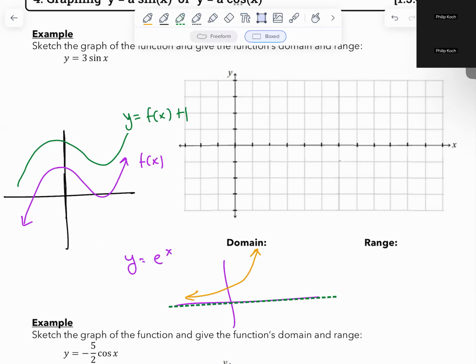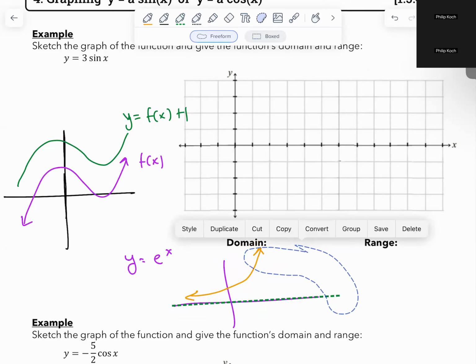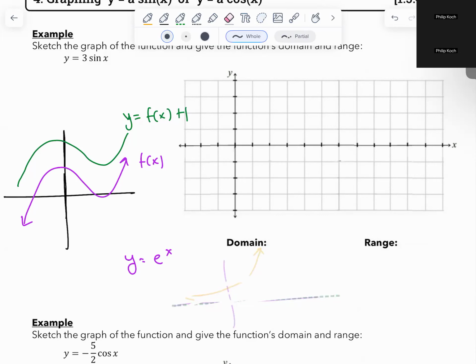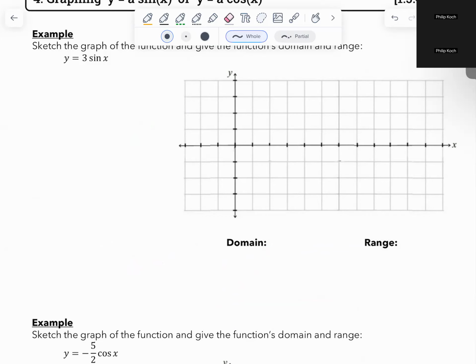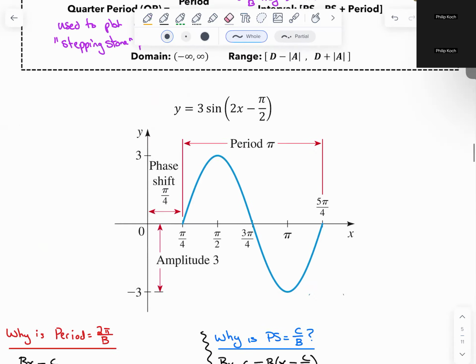But if you do a vertical shift, that line travels with it. And so the same thing is going to happen with the midline of sine or cosine. It's going to go up or down based on the value of d. Any questions on that so far?